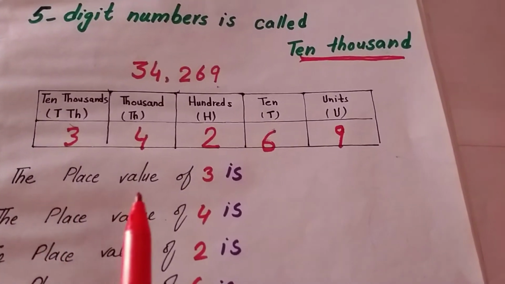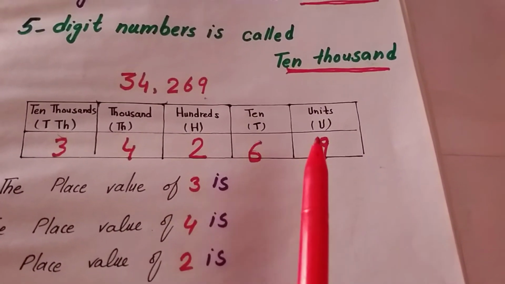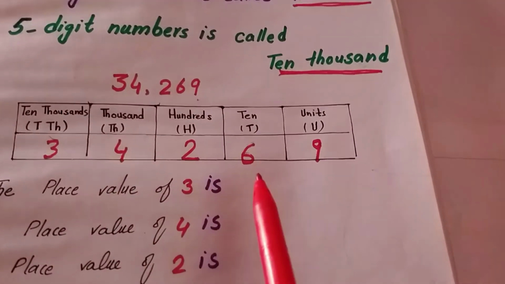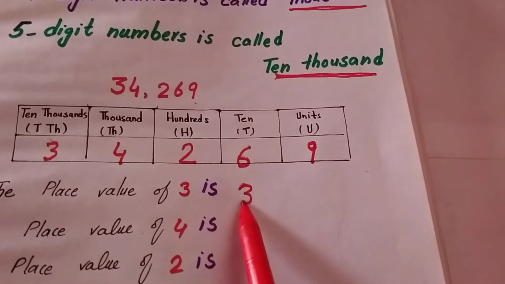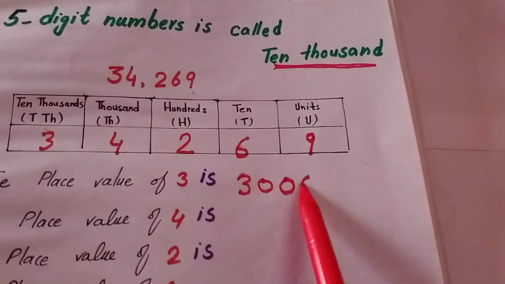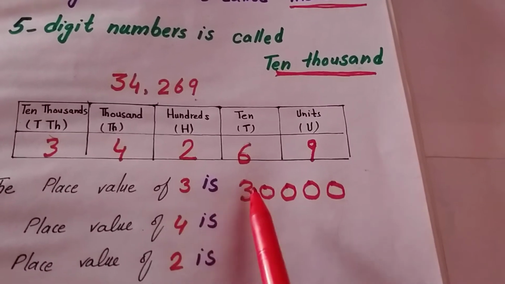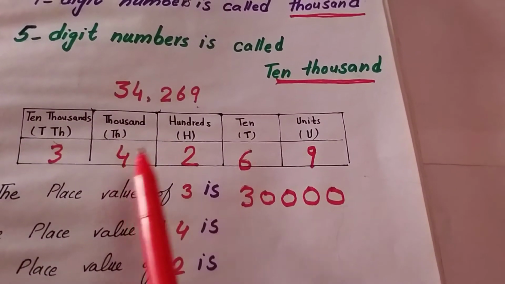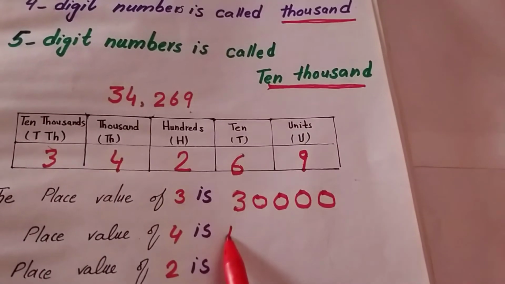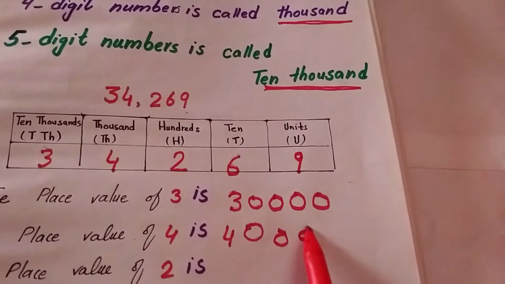The place value of 3: unit, 10, 100, 1000, 10,000. The place value of 3 is 10,000. The place value of 4 is thousands.